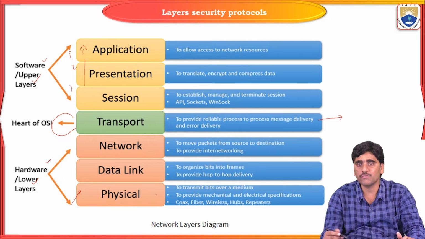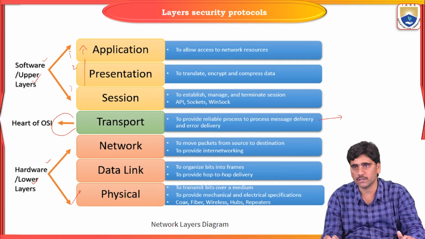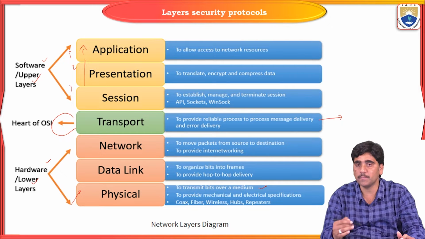So here, what function will exist in the physical layer? What is the function of the physical layer actually? The function of the physical layer is to transmit bits over a medium. The data transmitted through the physical layer is in the form of bits, and it provides mechanical and electrical specifications.